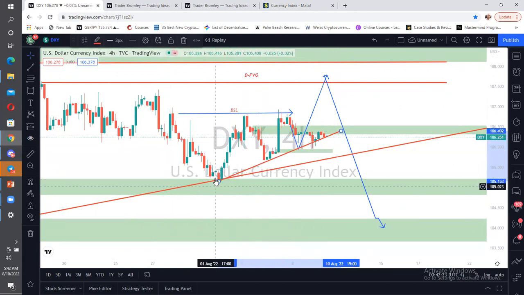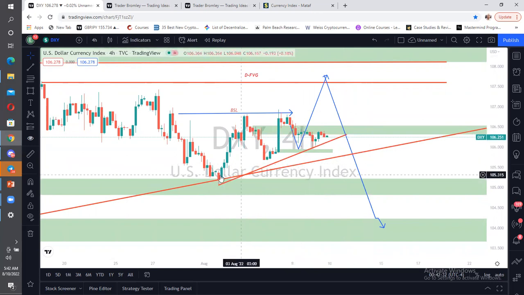There's liquidity also because there's a trend line here. So I would like to see this liquidity taken out as well as this one taken out.